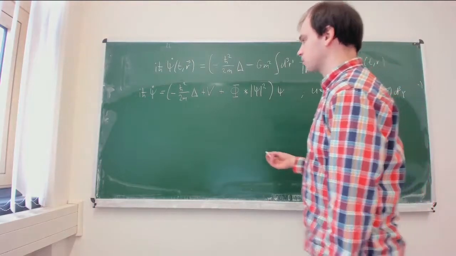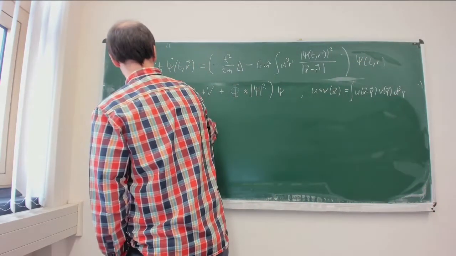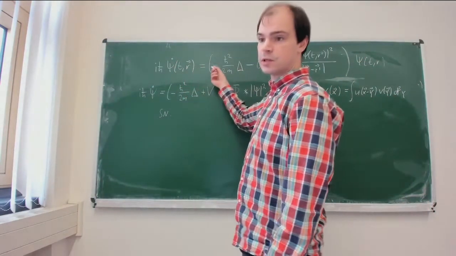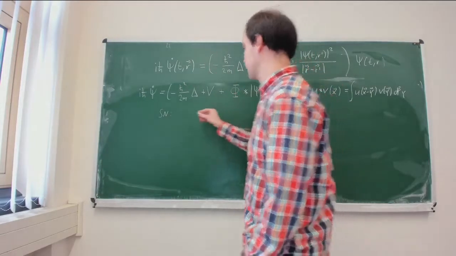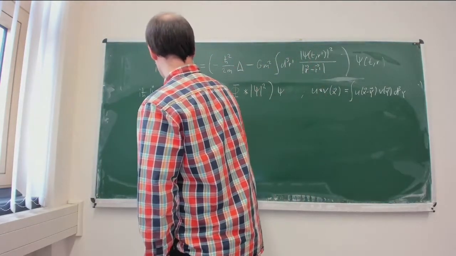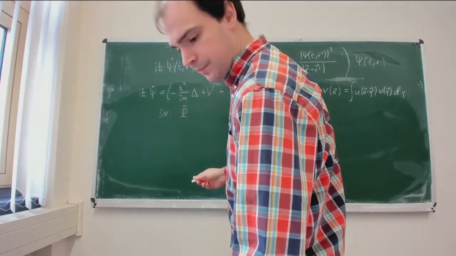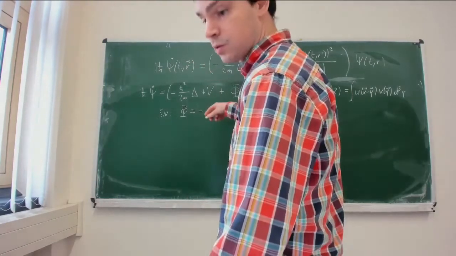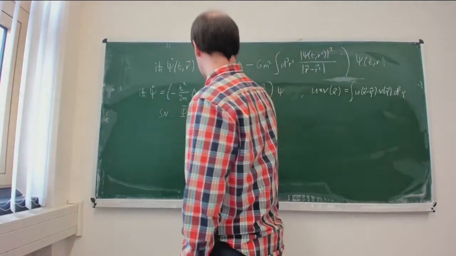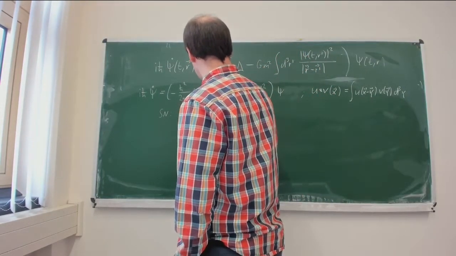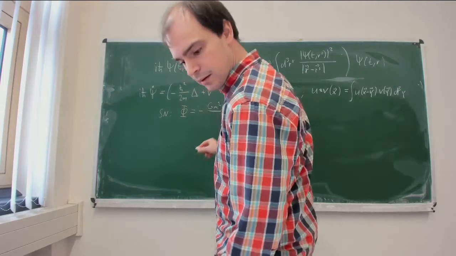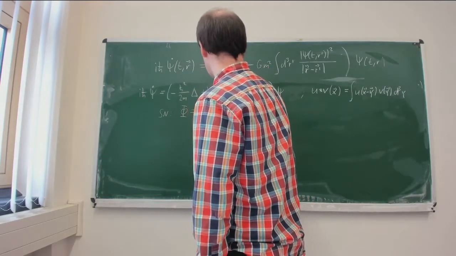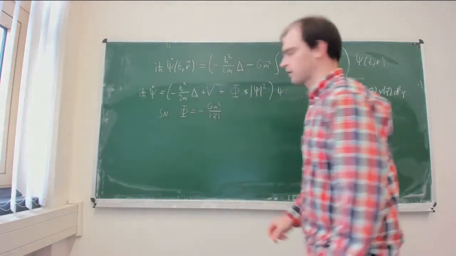And for Schrödinger-Newton, the Schrödinger-Newton equation here is the special case where phi is the Newtonian, the Coulomb potential, which is minus G m squared divided by absolute value of x.